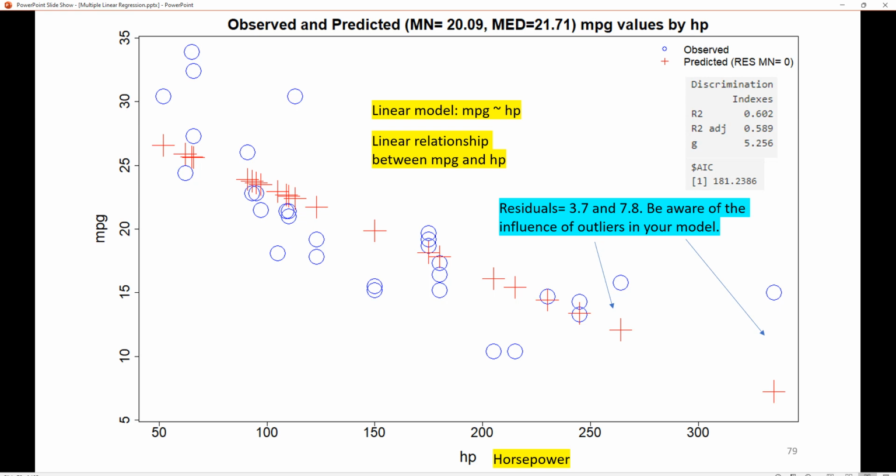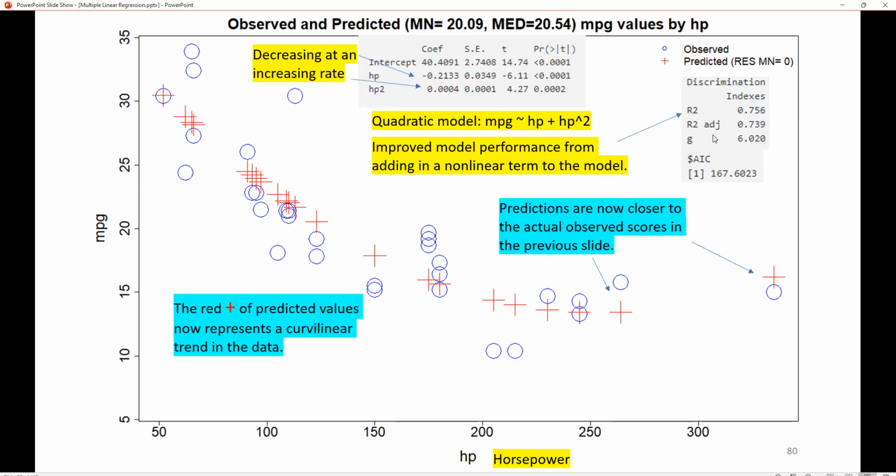But we'd have the same goal to bring that AIC level down, get it lower and lower. The model that gives you the lowest AIC of the models you're looking at for your specific set of data would be the better performing model. But again, R-square is 0.602. So in this next slide, we're going to add a nonlinear term.